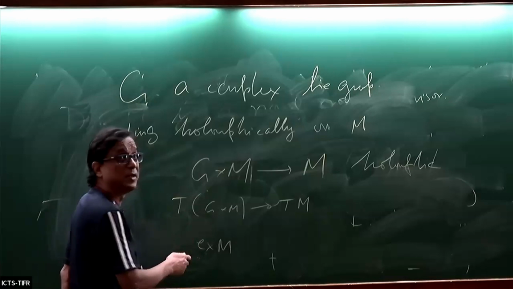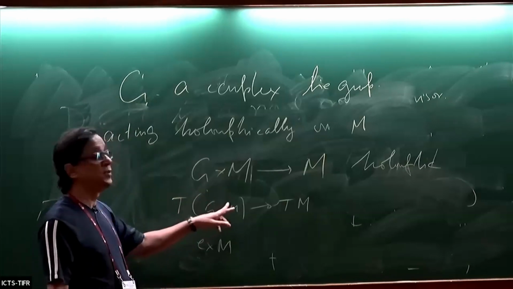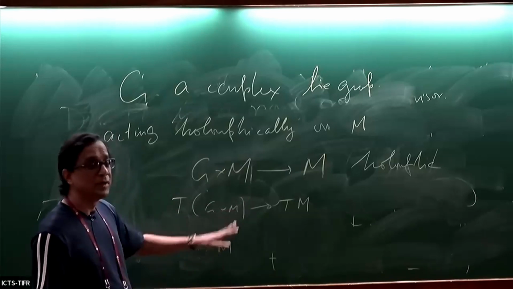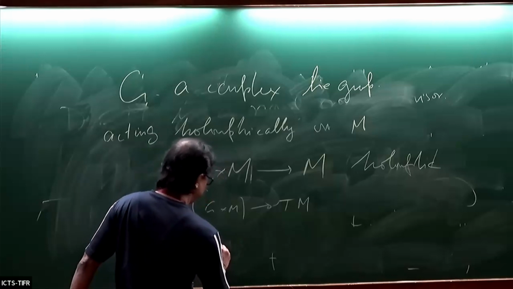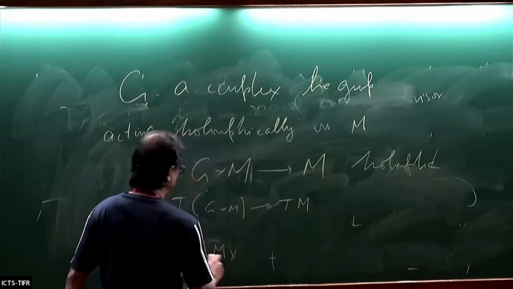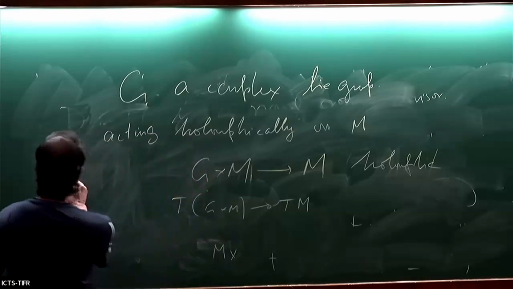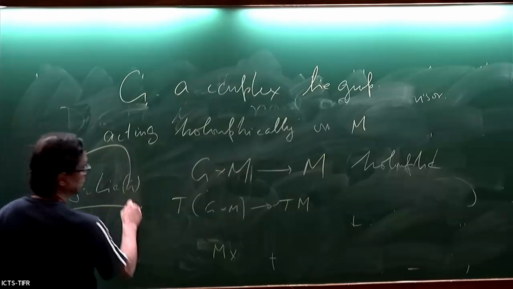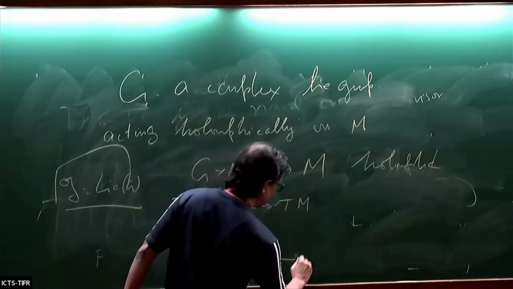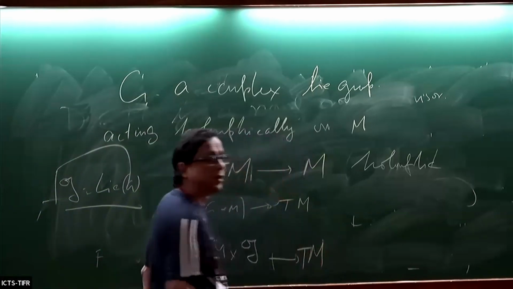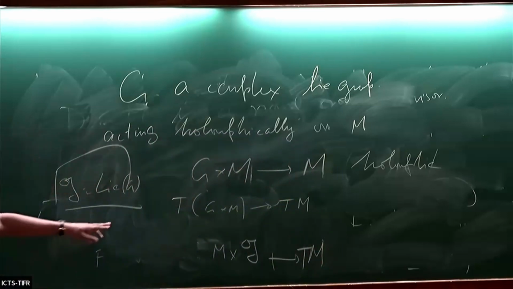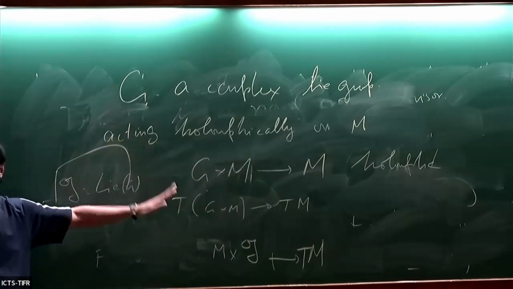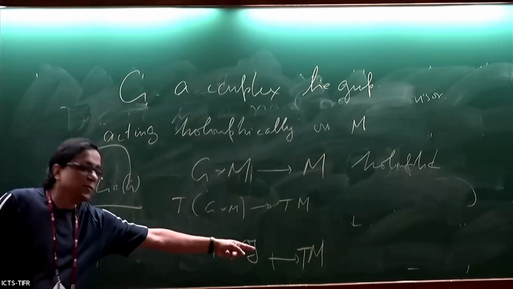And the tangent bundle of the product splits into the tangent bundle of G and the tangent bundle of M. You throw away the tangent bundle of M and only take the tangent bundle of G. So finally you get a map from M cross the Lie algebra of G, which we denote by g, M cross g to the tangent bundle of M. First restricting to identity cross M and then taking the component of the tangent bundle in the direction of the subbundle. And then you get a map.